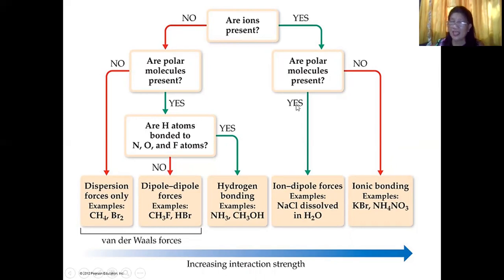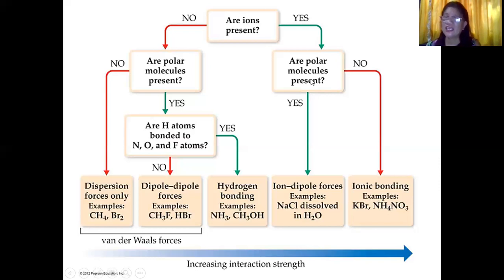If yes, what kind of IMF is it? It is an ion dipole force. But if not, meaning, for instance, it is a metal and non-metal, it is ionic bonding.